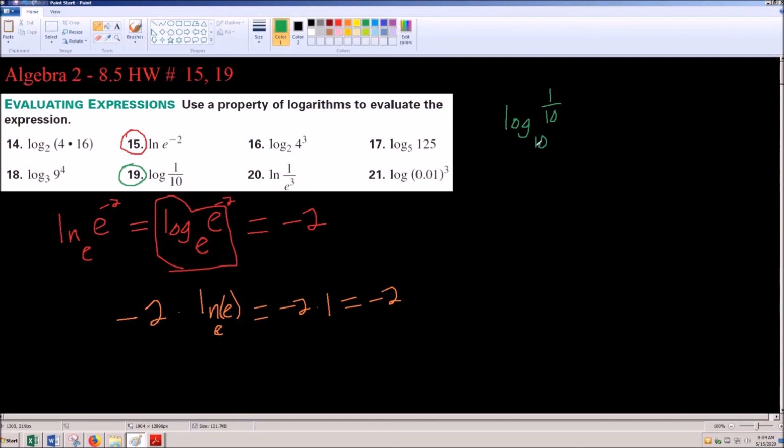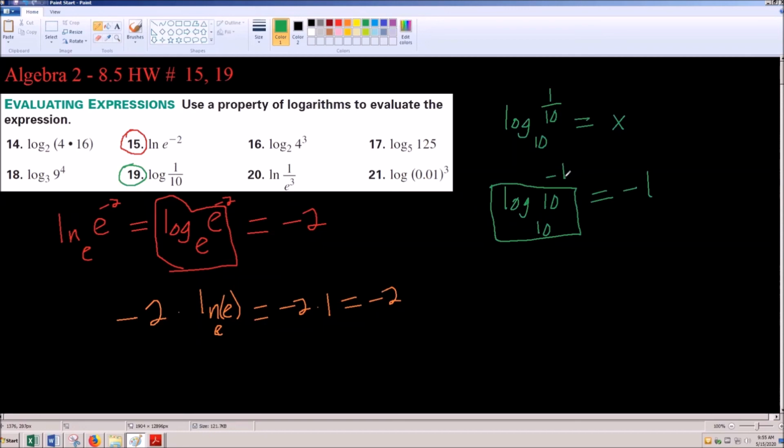As I look at this thing, I'm saying, okay, 10 to the what equals 1/10. Well, 1/10 looks to me like I rewrote this thing as 10 to the negative 1. So again, same property as over here. If I have log base 10 of 10 to something, it's just going to equal whatever that something is. So in this case, it's negative 1.